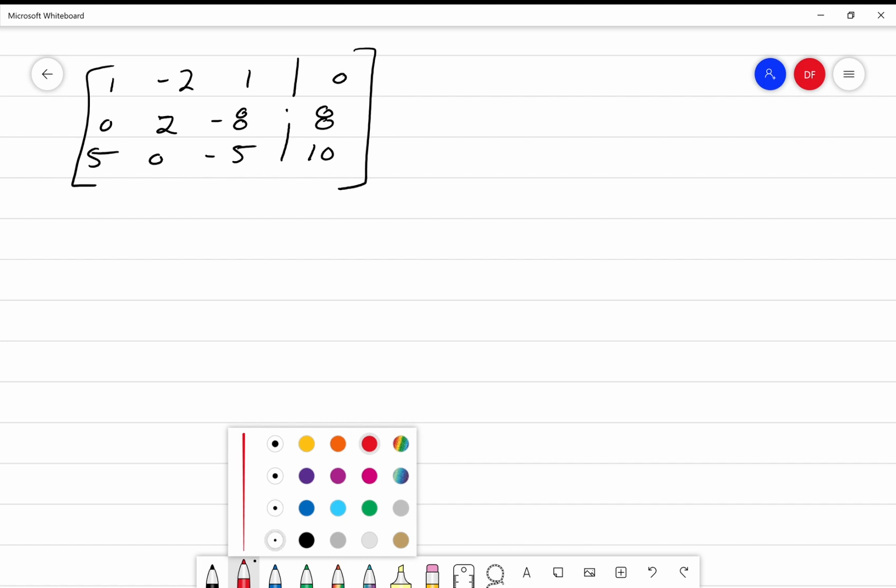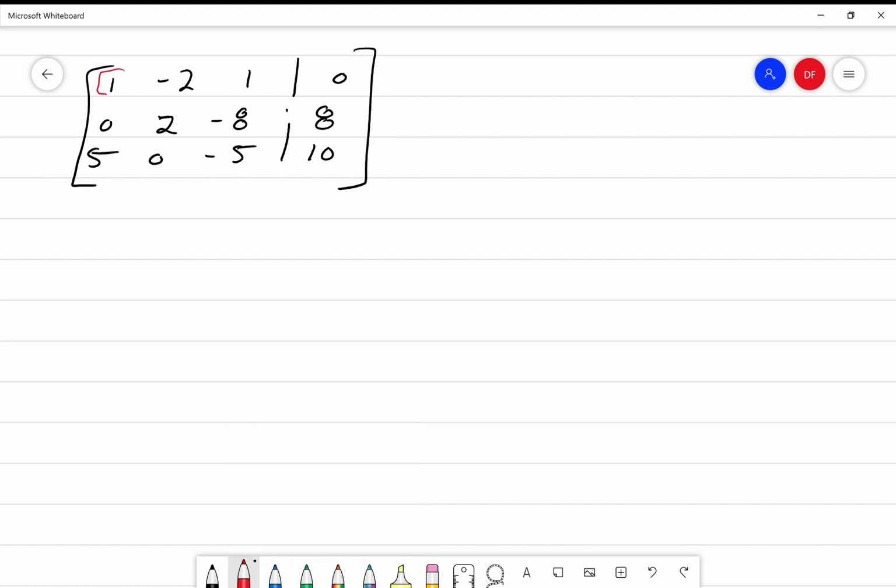What I want to do is keep the very first row in the first column as a 1. Okay? And then everything below it, I want to make it a 0. So let me do that.